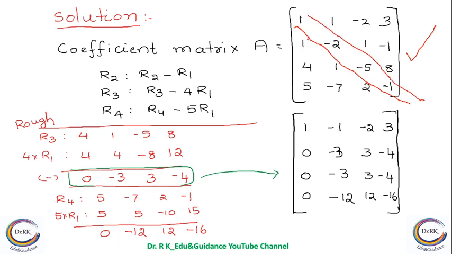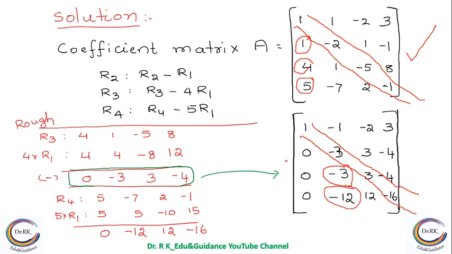So making this 0, this 0, this 0 with the help of row operations. I'm not going to explain this, the rough work is already done here. After these operations, this is what we are getting. Now we'll try to make this element 0 and also this element 0, again with the help of row operations.